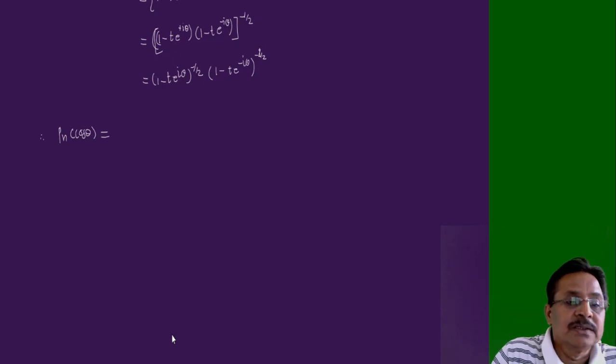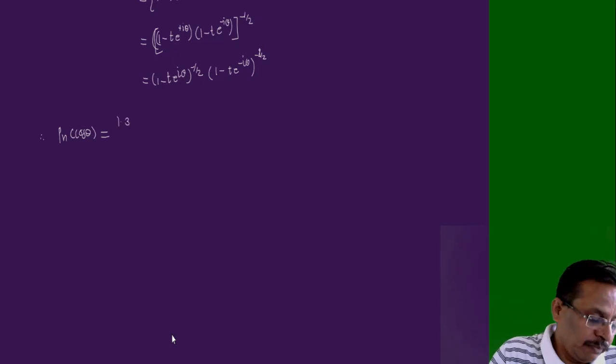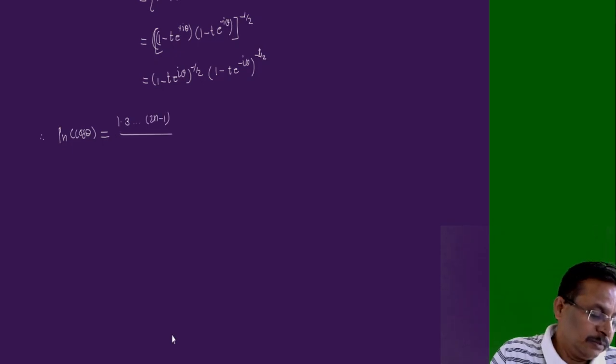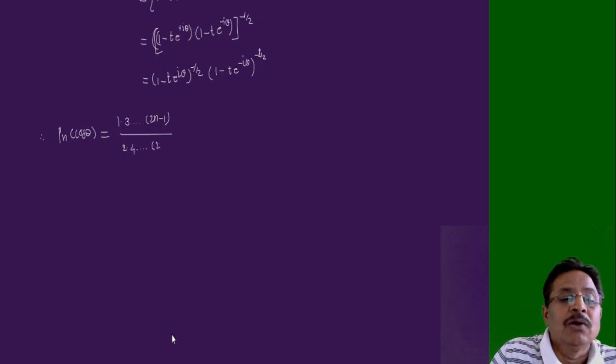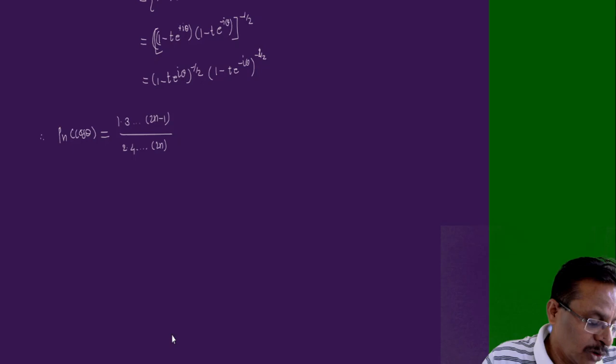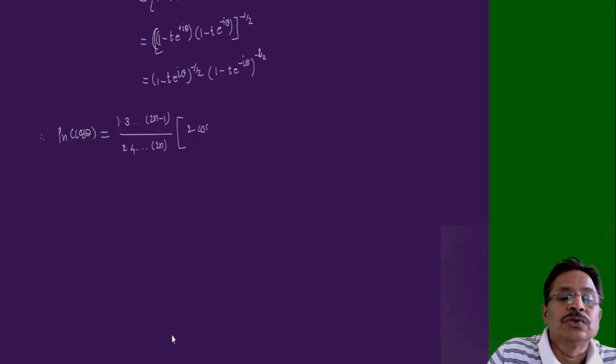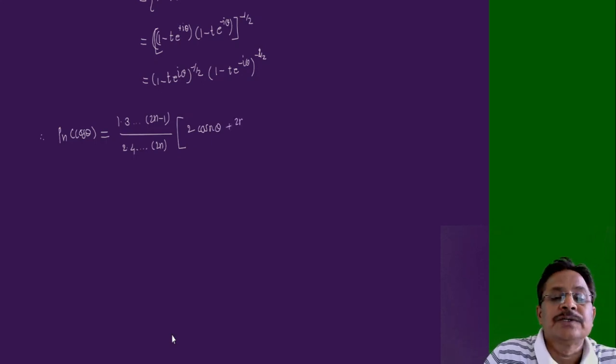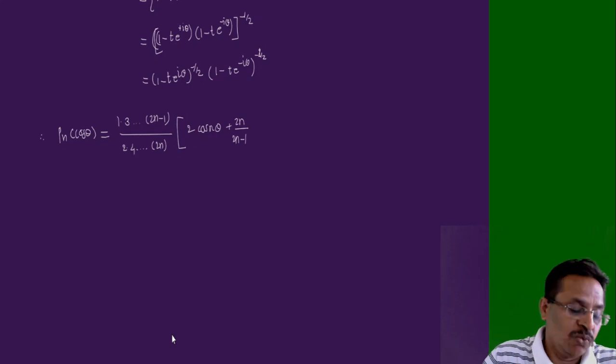1 into 3 dot dot dot up to (2n minus 1) divided by 2 into 4, all the positive even coefficients in the denominator, the product of that, and all the odd coefficients in the numerator, the product of that, into 2 into cosine of n theta plus 2n upon (2n minus 1).